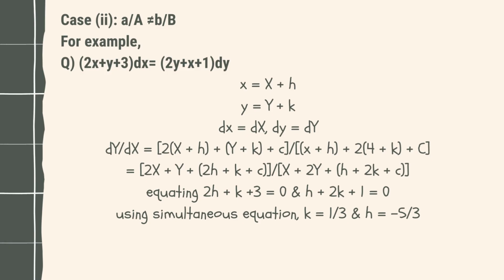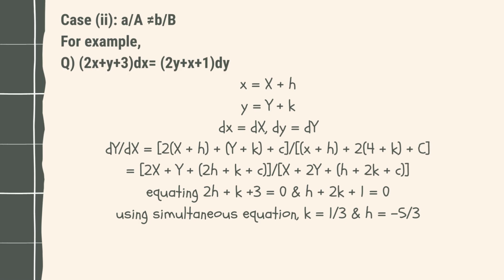Now, when we simplify this, we get (2X plus Y plus 2h plus k plus c) divided by (X plus 2Y plus h plus 2k plus c). Now, in the next step, we take the terms related to h, k and equate them to 0.